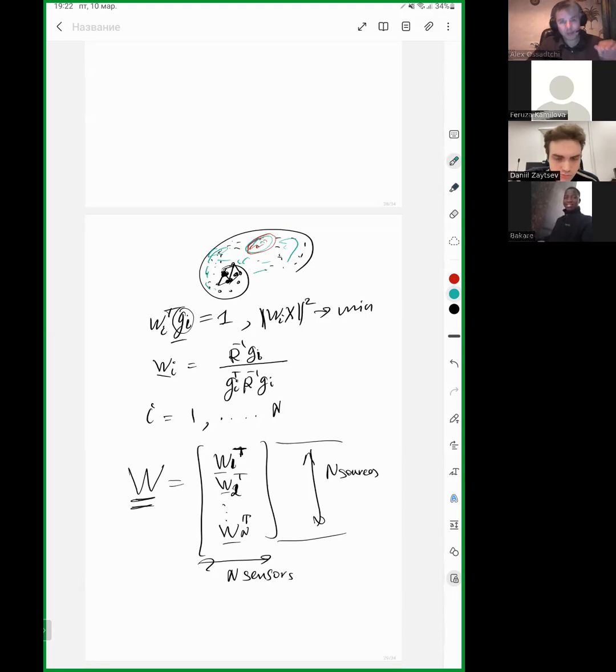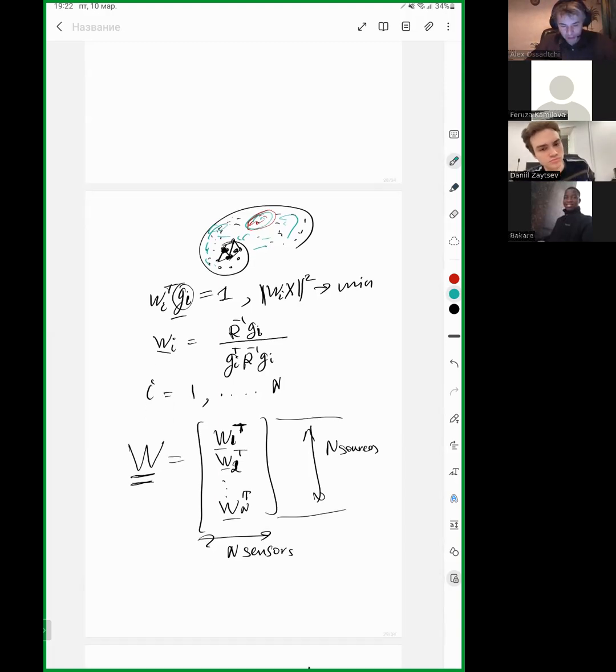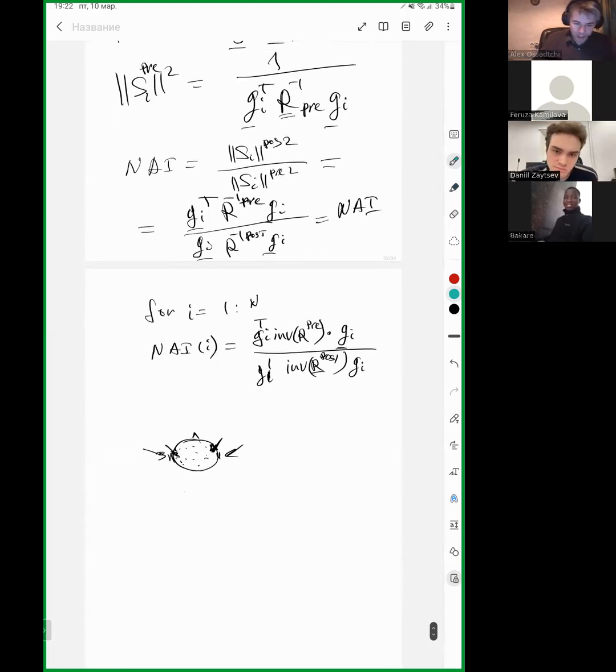It is a biased estimate because of the dependence on the depth, on the norm of G. To make it unbiased, let's measure not the power, but the amount by which the power increased in the post-stimulus interval as compared to the pre-stimulus interval. And that's what neural activity index is. Here I is brain location, and those are all locations, like from 1 to 10,000, for instance. But it's very fast to compute.